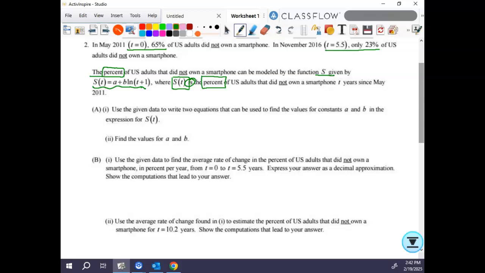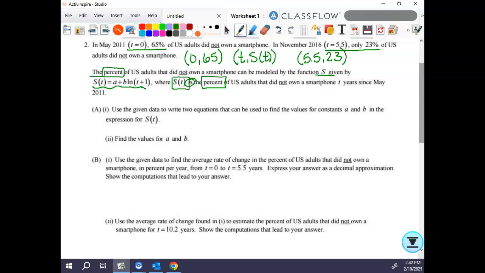The 65% and 23% are not being used as calculations in this function, so I'm actually using the 65 and 23, which tells me my ordered pairs here are (0, 65) and (5.5, 23). And for this particular function, that represents t, S of t.